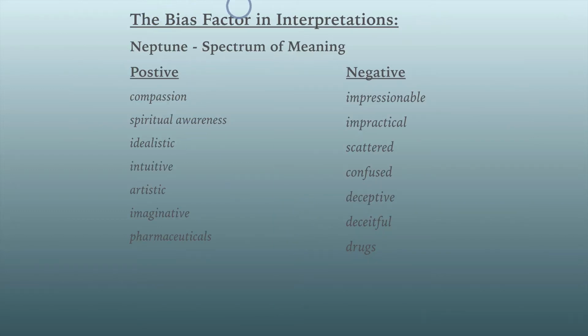This is called the bias factor in interpretations. And the example I immediately had was multiple Saturn interaspects mutually happening between his astrology and my own astrology. And how can that affect a person?